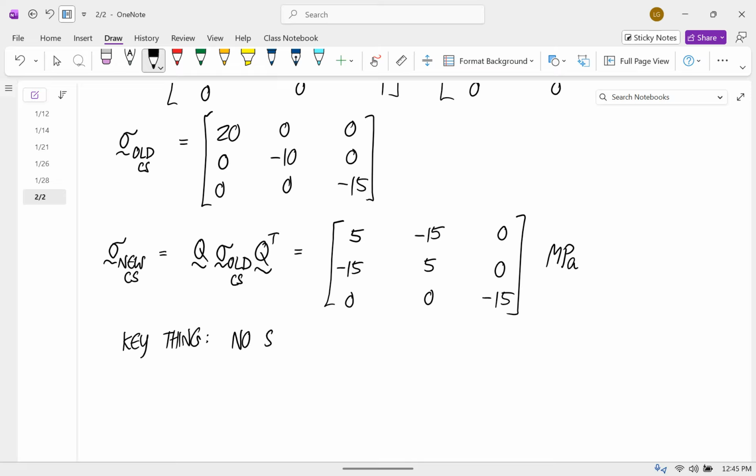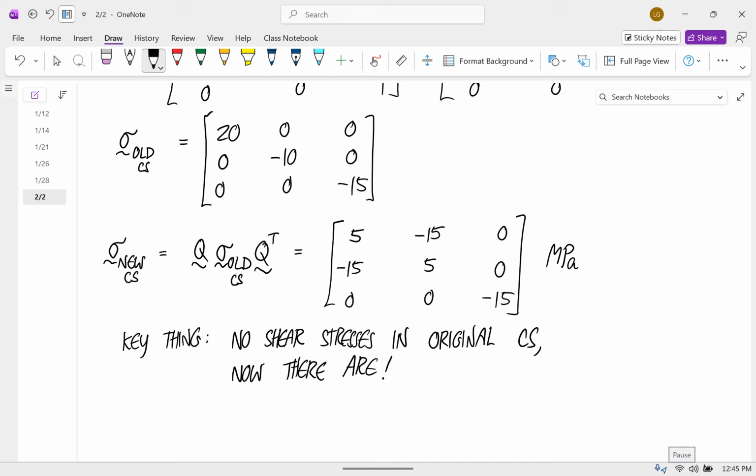But the key thing here is there were no shear stresses in the original coordinate system, and now there are. So things can go back and forth between shears and normal stresses as you change coordinate systems.